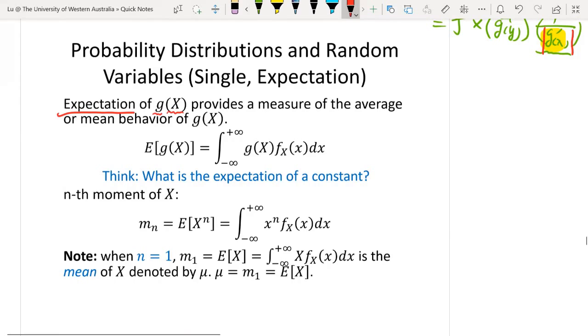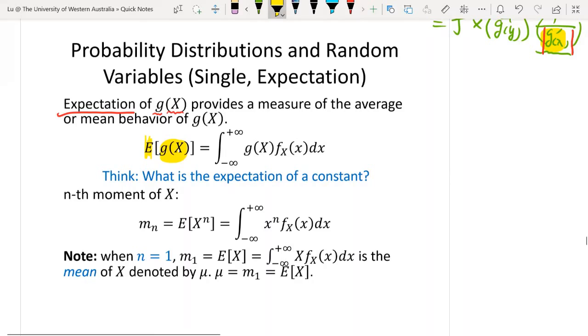So the expression of E[g(x)] provides a measure of the average or mean behavior of g(x). We are using the operator E to denote the expectation operation, and g(x) is put inside of this operation. That means we want to evaluate the expectation of the g(x) function to know the mean of this function.